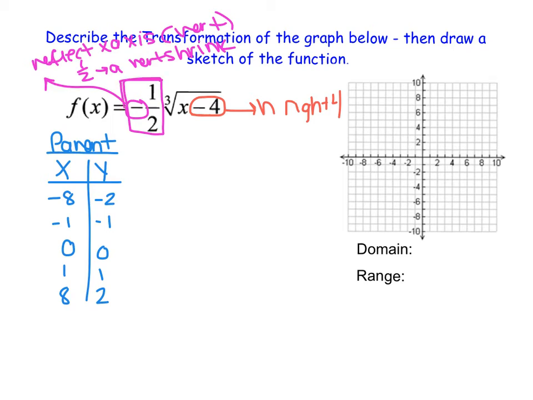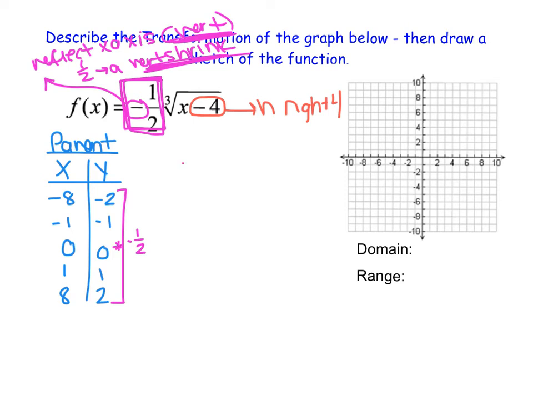So I'm going to start with this multiplication out in front. Remember, we always start with any reflections and or stretches and shrinks. So what I'm going to do here, because I have a vertical reflection and a vertical shrink, those both happen vertically to the y value. They encompass this -1/2. So I'm going to take my y values and multiply them by -1/2.